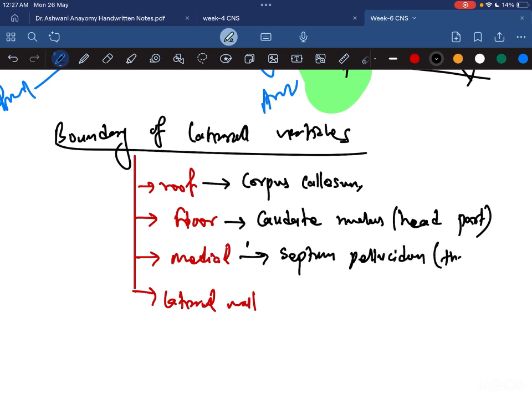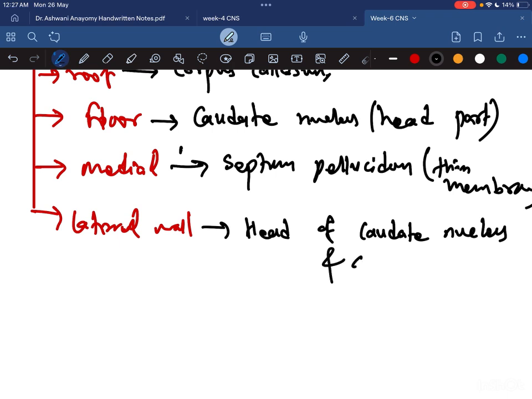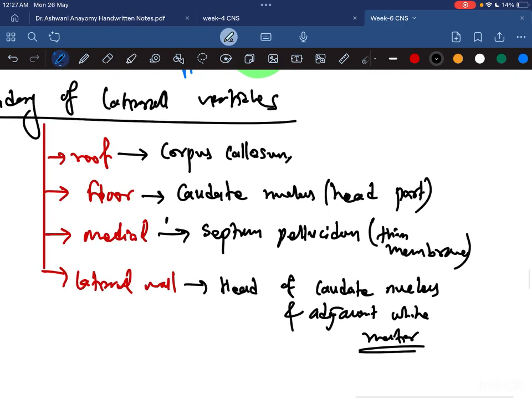It's a thin membrane forming the medial wall. When we look at the lateral wall, there is the head of the caudate nucleus and adjacent white matter that are forming the border of the lateral wall.